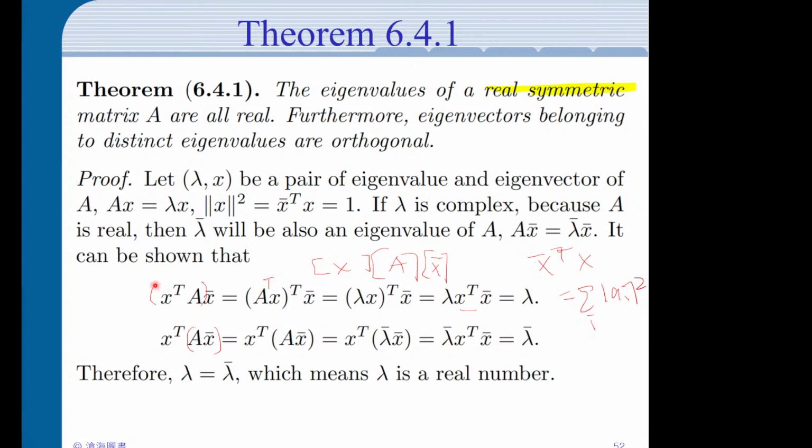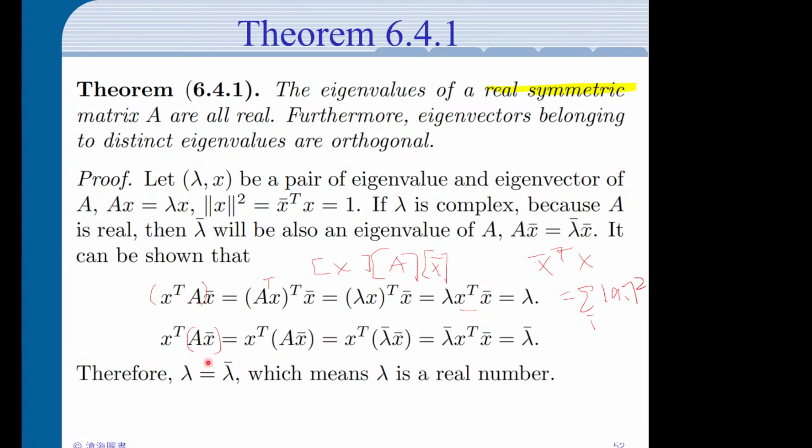Or if you resolve X transpose A first, then you see this is A transpose applied on X, transpose, and since A transpose equals A, this is just A X, transpose. From here you get a lambda, so this is lambda times X transpose X bar.